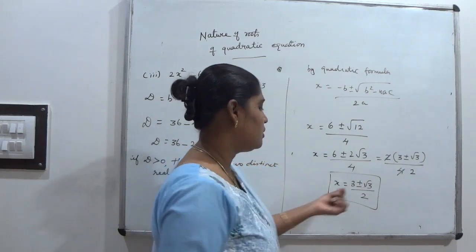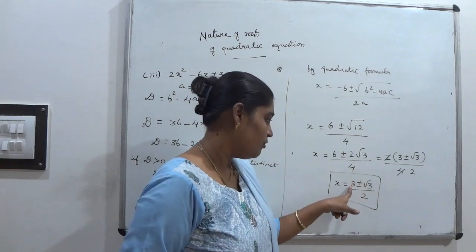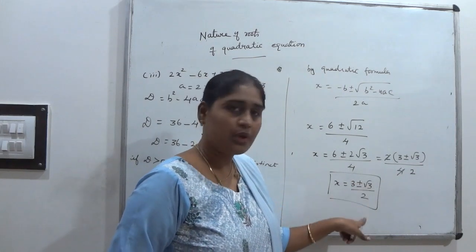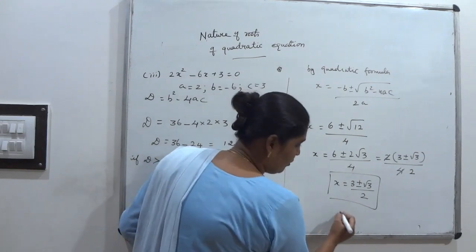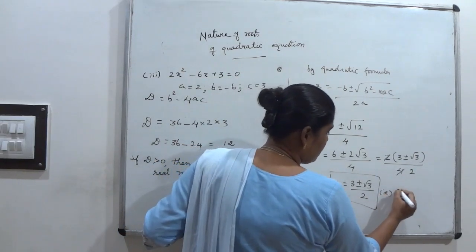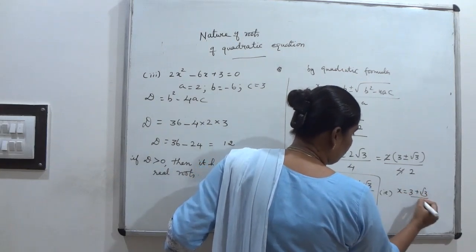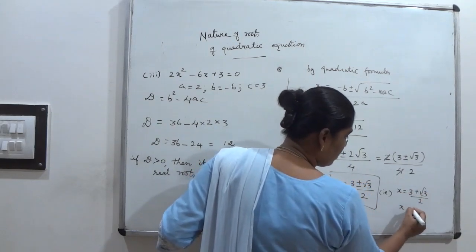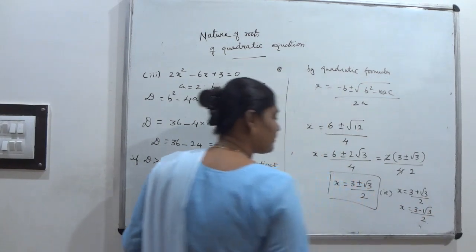This is called two distinct real roots, that means plus or minus will be there. One answer is x equal to 3 plus root 3 upon 2, another answer is x equal to 3 minus root 3 upon 2. One value will be positive, another one value will be negative. Thank you.